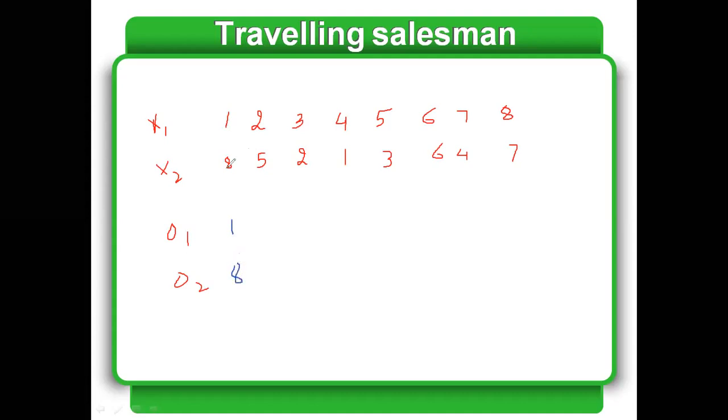Now corresponding to the first element, I have number 8. So in my parent 1, I will fix the position of the number corresponding to 8. Now what is corresponding to 8? 7. So this forces me to fix the value of 7.